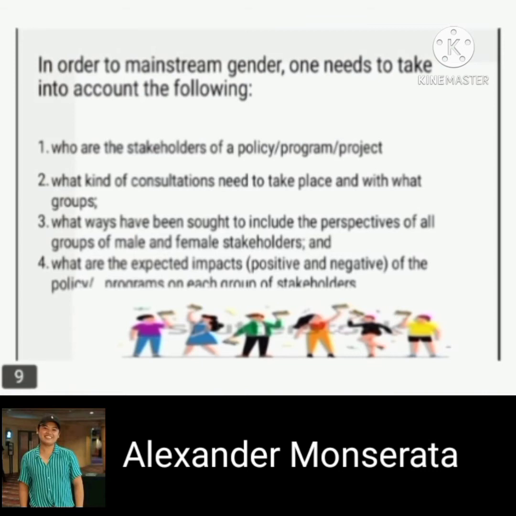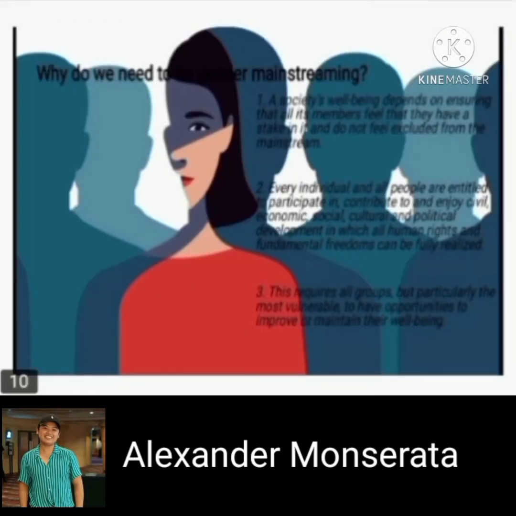The next one is, why do we need to do gender mainstreaming? Number one, it says here, a society's well-being depends on ensuring that all its members feel that they have a stake in it and do not feel excluded from the mainstream.